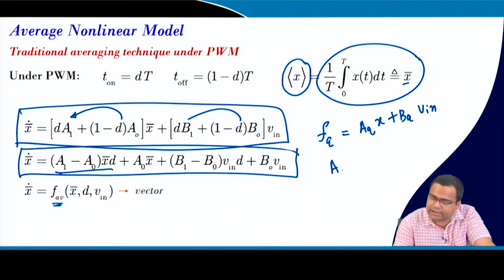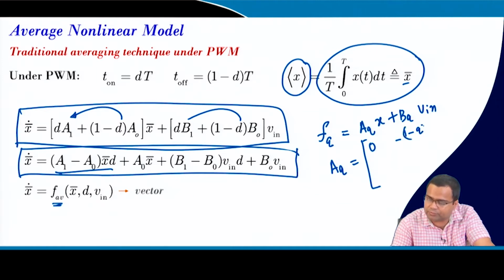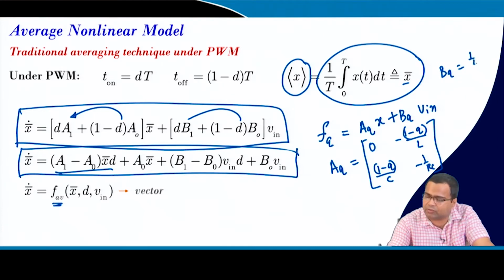And what was A(q) for an ideal boost converter? 0, minus (1 minus q) by L, (1 minus q) by C, minus 1 by RC. And what was B(q)? It was nothing but 1 by L, 0.